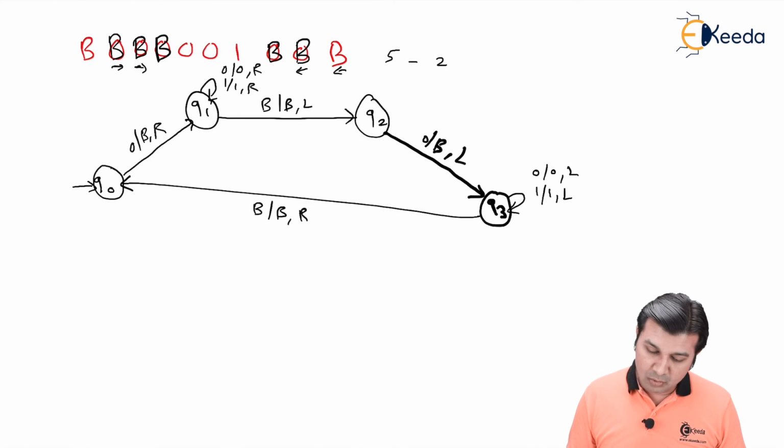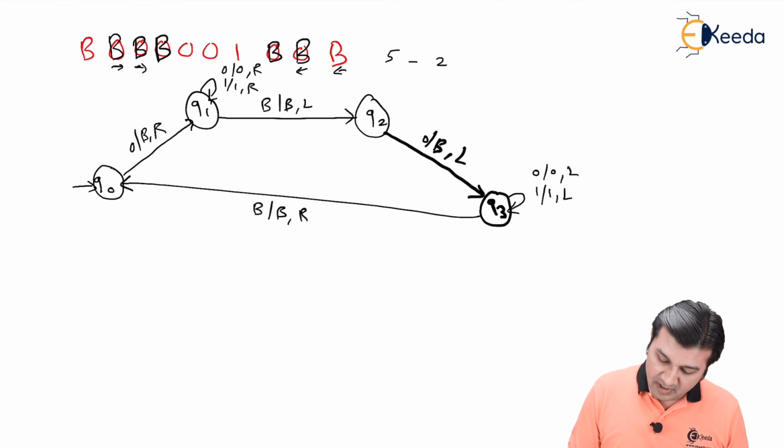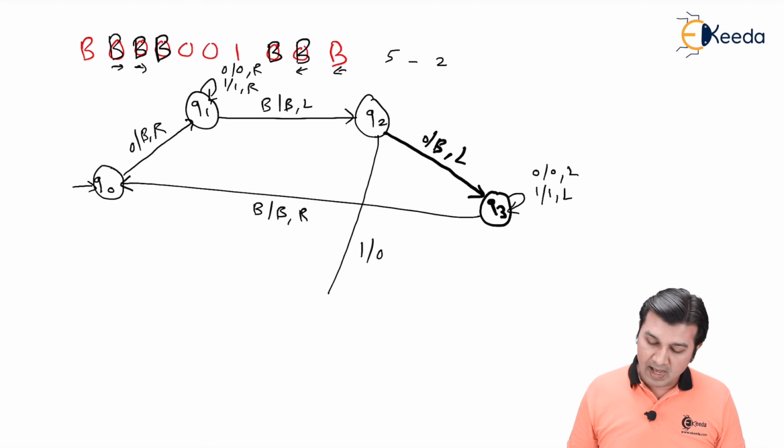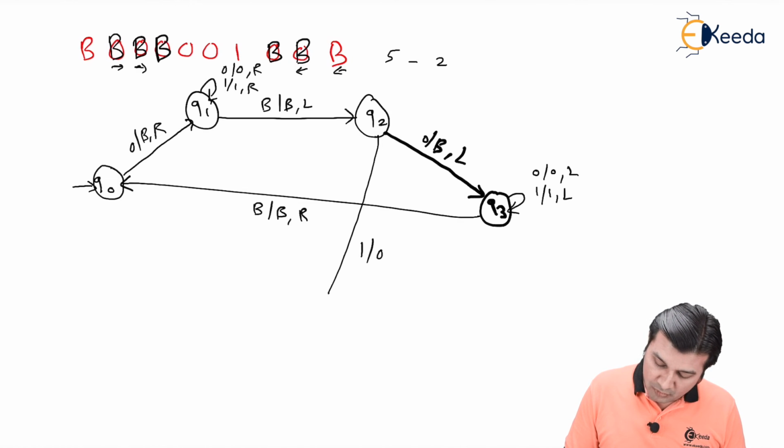So in Q2 state, for the first time we are not getting a 0. Instead, in Q2 state we are getting a 1. And since we want 3 zeros on the output, I say let us convert this 1 to 0 and not move the head anywhere but directly go to the final state.